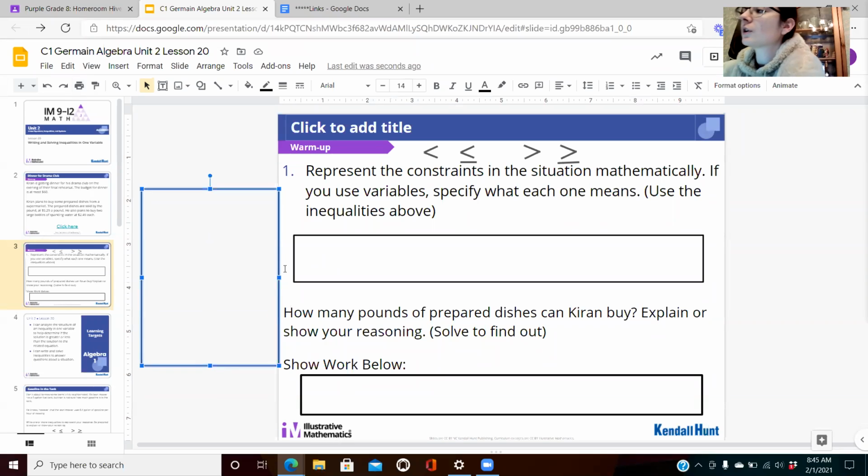Nice job, Peyton. That's a good one. If you write 2 inequalities, it's okay, no problem. Once you finish, I want you to look back and think, can I write this as one big inequality? Nice job.